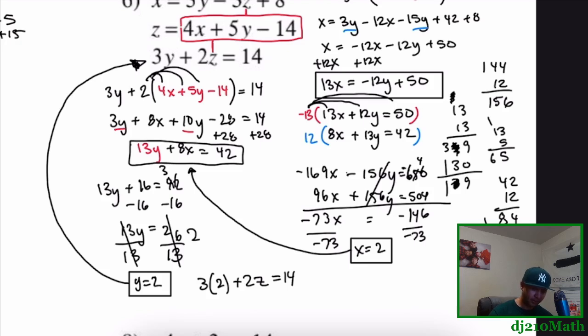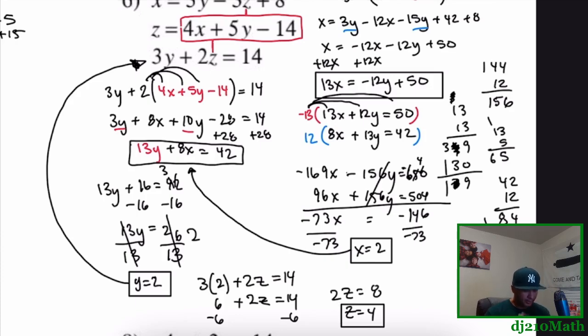This is going to be 6 plus 2z equals 14. Minus 6, minus 6. 2z is equal to 8, which means z is equal to 4. So x, y, and z: 2, 2, 4.